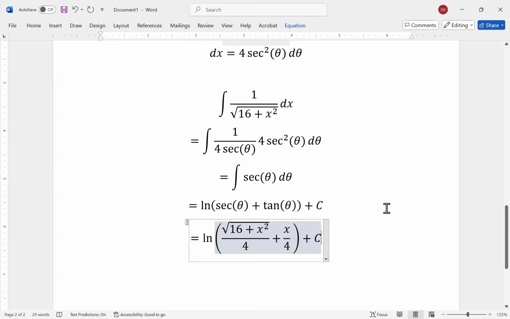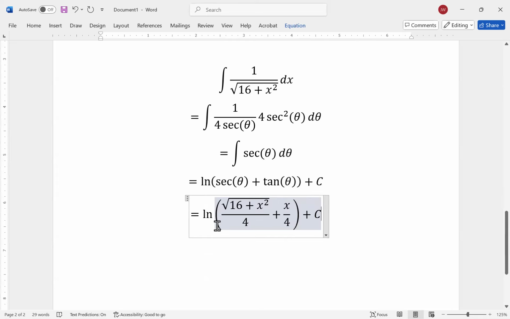I'm using parentheses around the natural log argument. Technically you should probably use absolute values, but there we go. That's the whole thing.